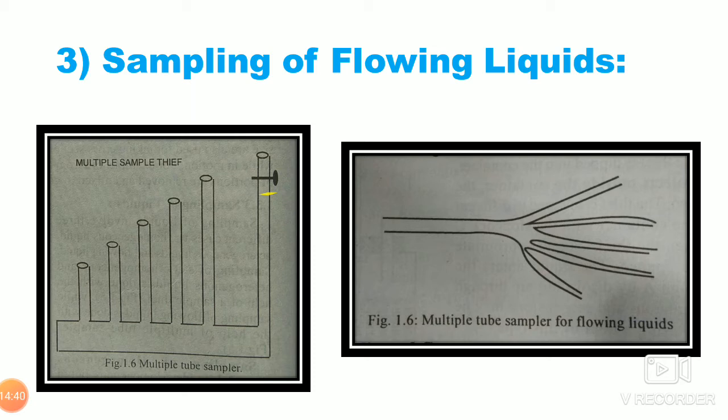That means when we hold this tube and insert it into the flow of the pipe, suppose the pipe liquid is going, and we dip this apparatus, this first part goes into the upper layer, this middle tube goes into the middle layer of the pipe liquid, and this tube goes into the bottom layer.